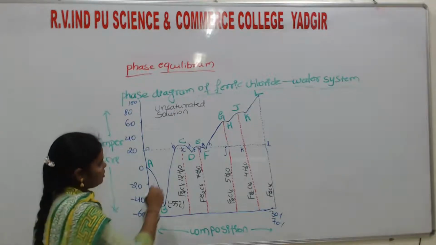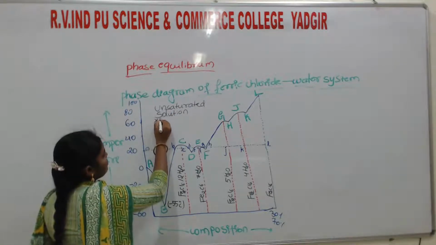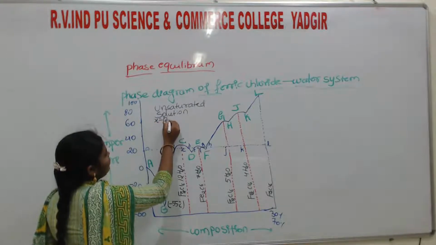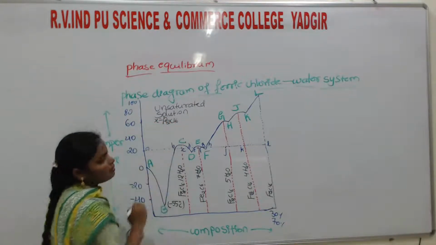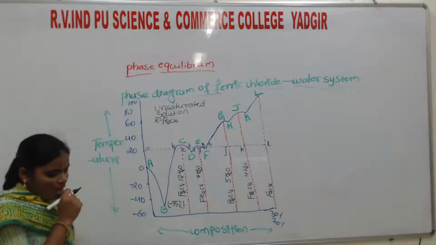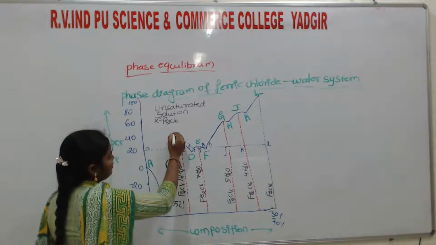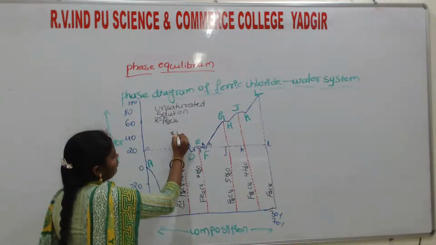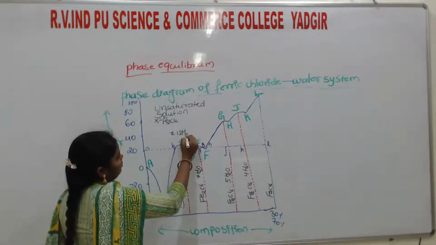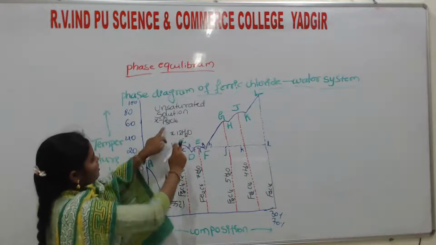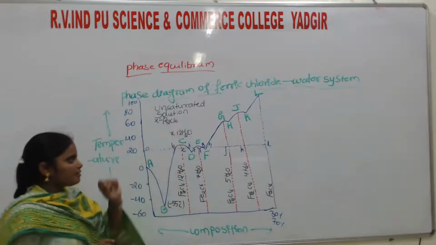Unsaturated solution. X is equal to Fe2Cl6 12H2O, where X means Fe2Cl6. This is X 7H2O, this one X 5H2O and this X 4H2O.